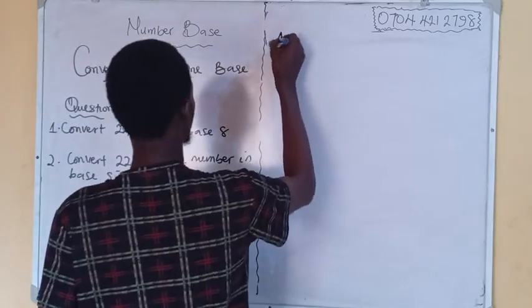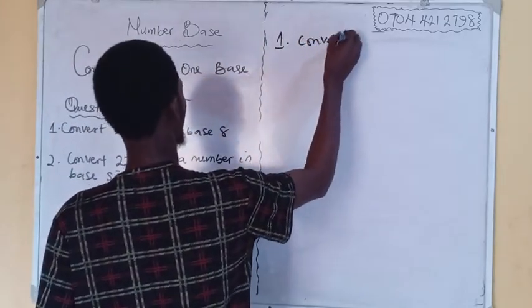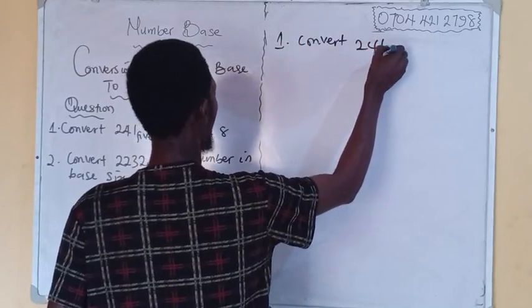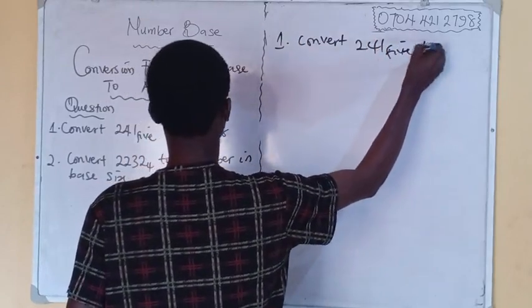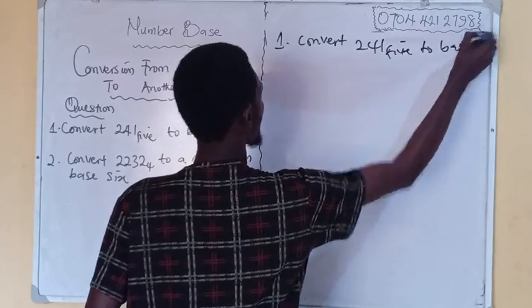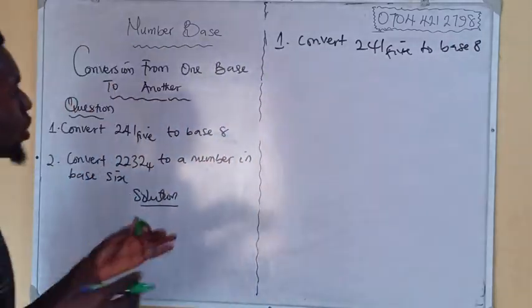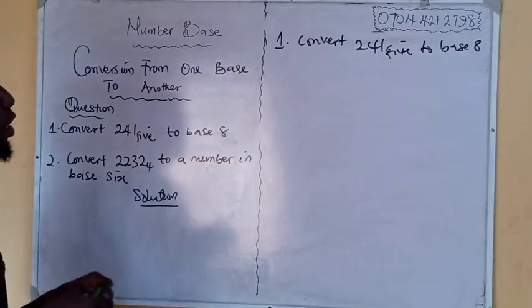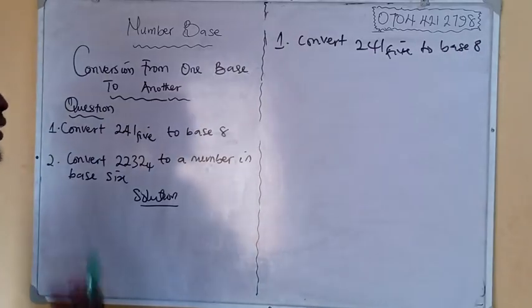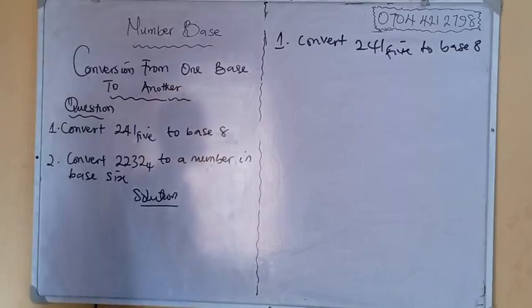So in this particular question, before you start doing this, you might have known how to convert a number from any base to base 10 and then from base 10 to any base.